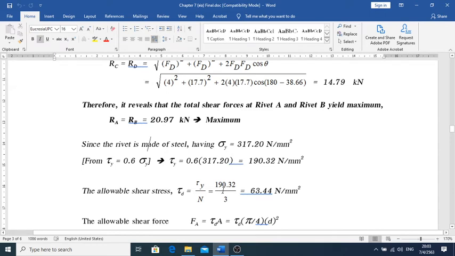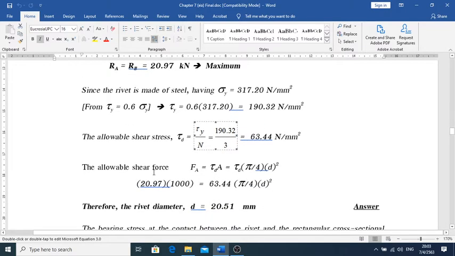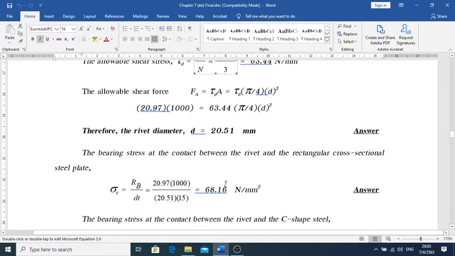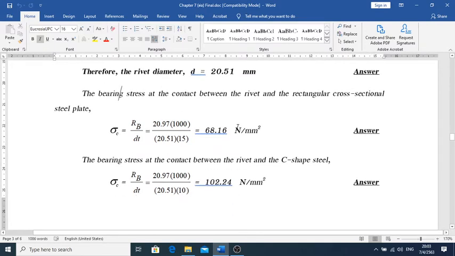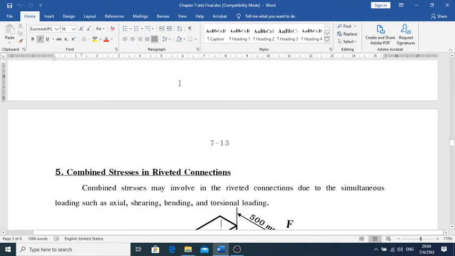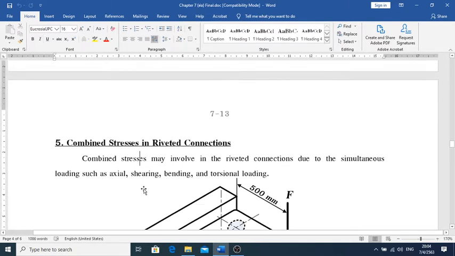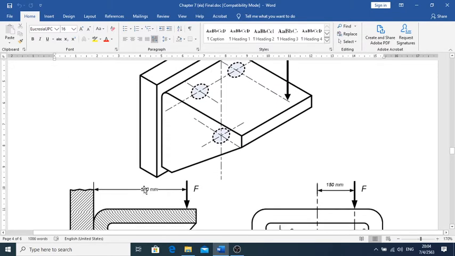I find the tau design is 64.4 something, and then the allowable force, okay, I find 64.3, and then I find the rivet diameter is 20 point something. And then I find sigma c is equal to the force over the projected area. I got the answer, okay, and then I find the bearing stress there is equal to 102.24. That's the answer.